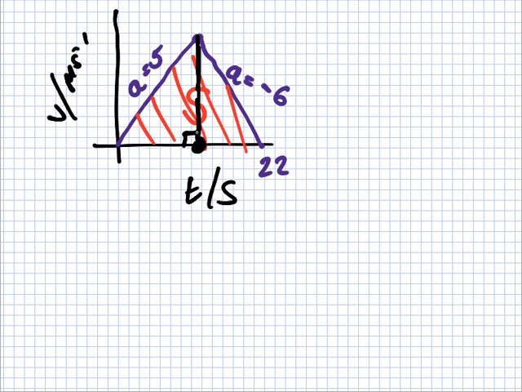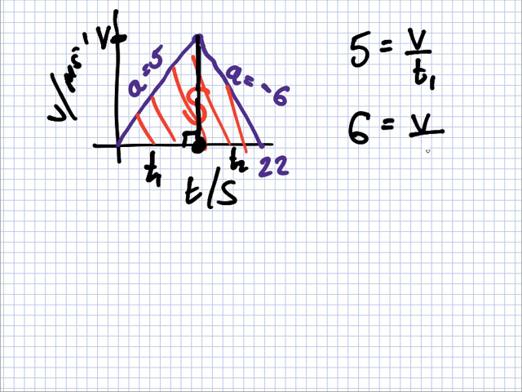What we can do perhaps is call this time T1 and this one T2. And I should give this letter a name, so let me just call it V. What would you say 5 equals, the acceleration? What's rise over run here? It would be V over T1. And what would 6 equal? V over T2.